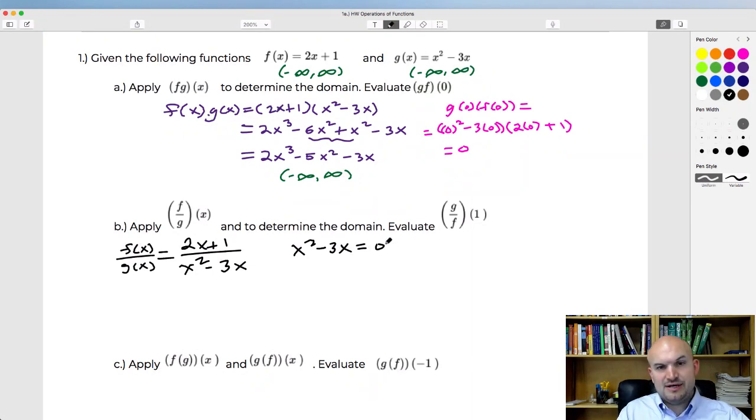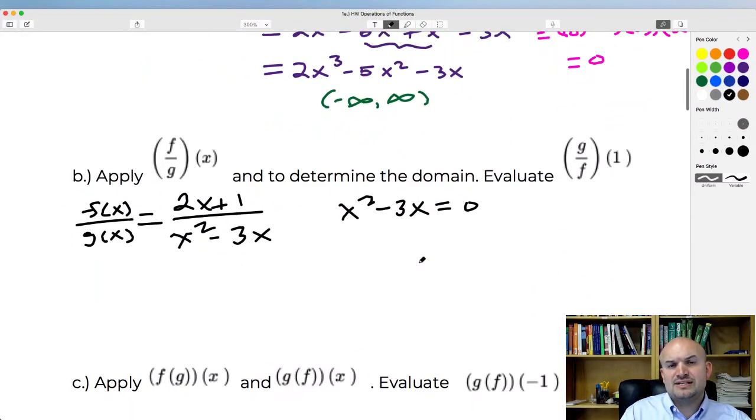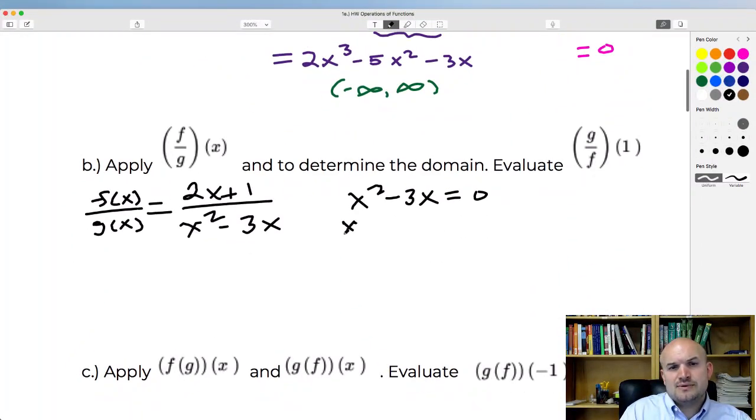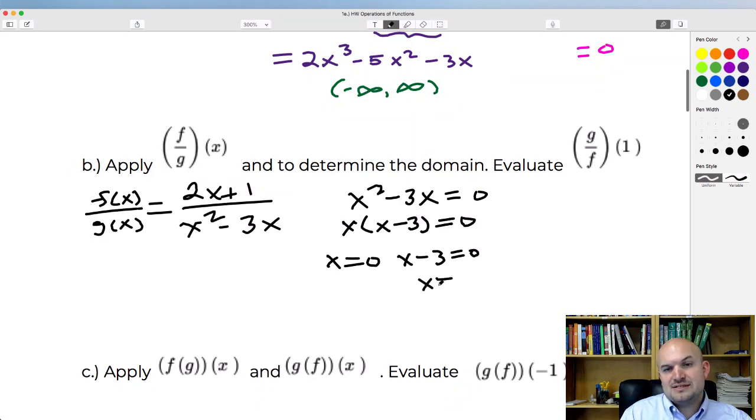Well, in this case, we have basically a quadratic that we can just factor out an x. So we have x times x minus 3. And now we can use the zero product property. So x is equal to 0 and x minus 3 is equal to 0. Add 3 to both sides, so x equals 3. And hopefully what you can see is when x is equal to 0 or when x is equal to 3, the denominator is going to be 0.